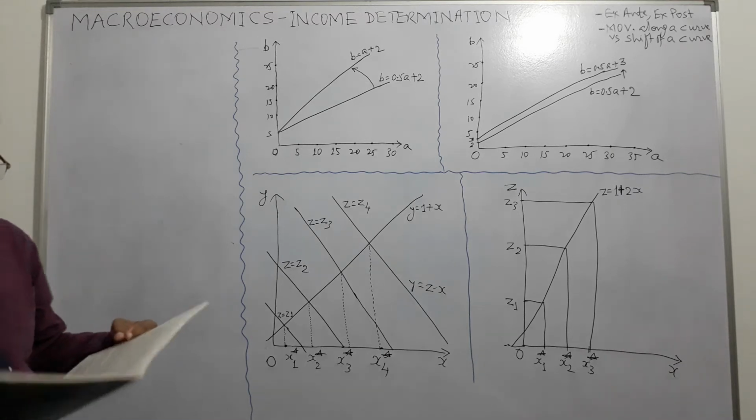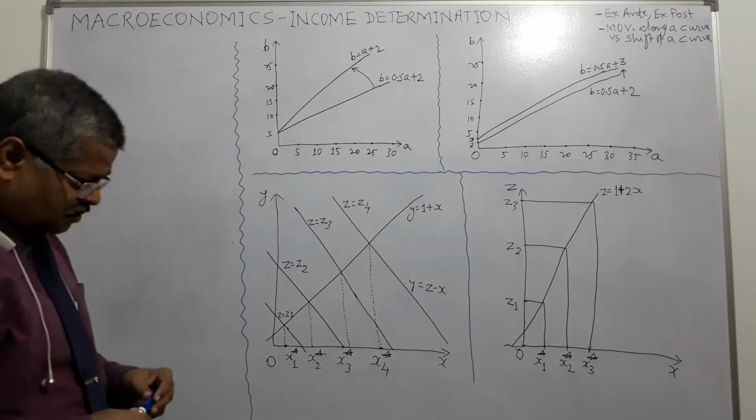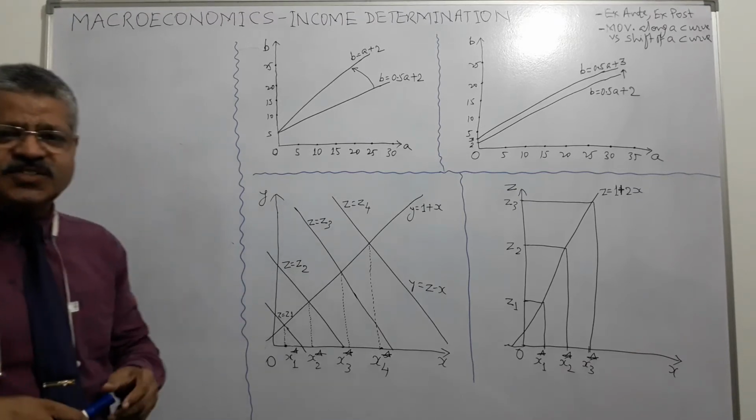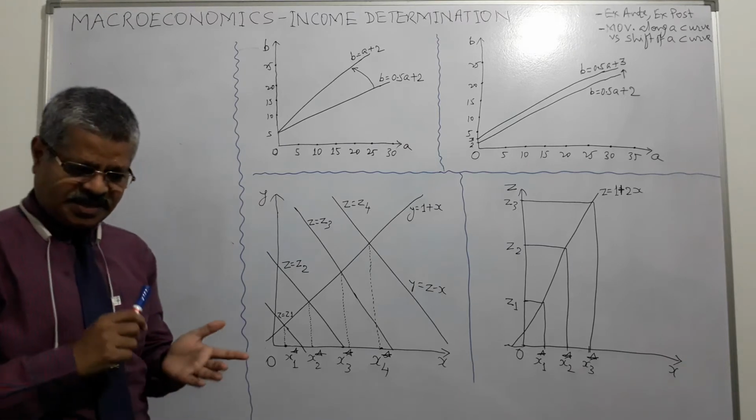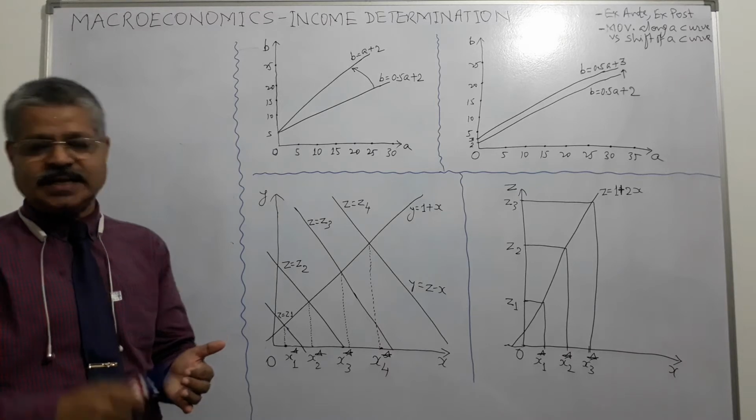Now we'll go to what is the marginal propensity to consume. The ratio of additional consumption to additional income.